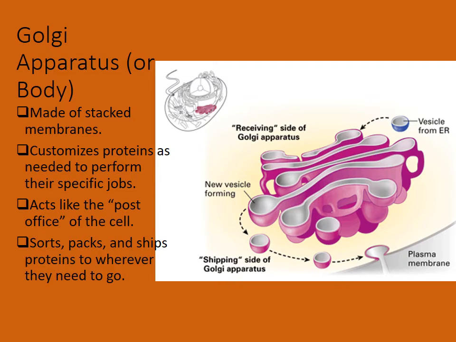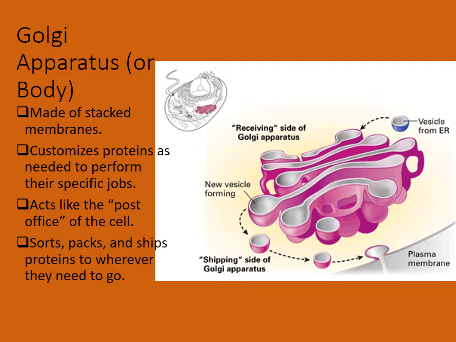The Golgi apparatus, also known as the Golgi body, is made up of stacked membranes. They customize the proteins so they can perform a specific job. When the protein comes in, say an immune cell protein, the Golgi apparatus puts a stamp on it, so the cell knows where to ship it, to which part of the cell or outside the cell.